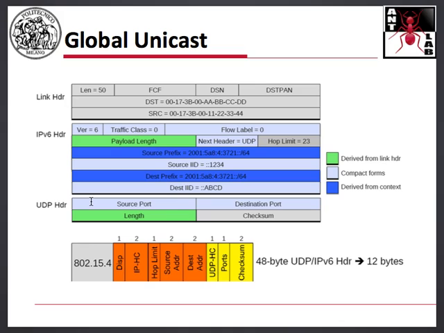The other case is the global unicast case. The difference is that the source and destination of the IP packet are not link local, which means that they have a different prefix, for example. So you cannot just elide the source and destination prefix because they are different, and you must keep some information on them.